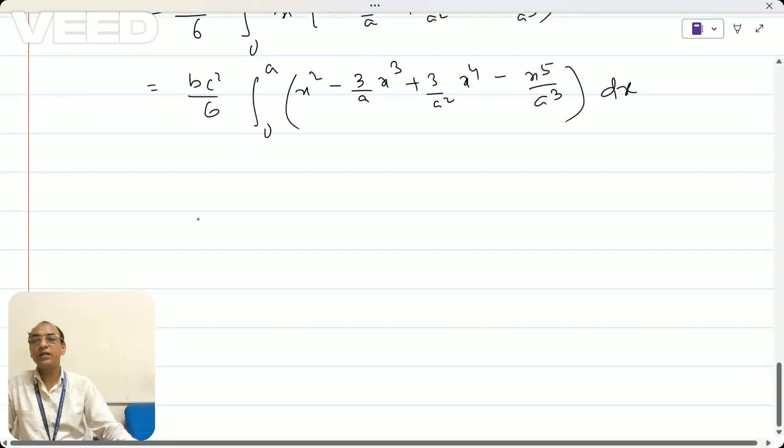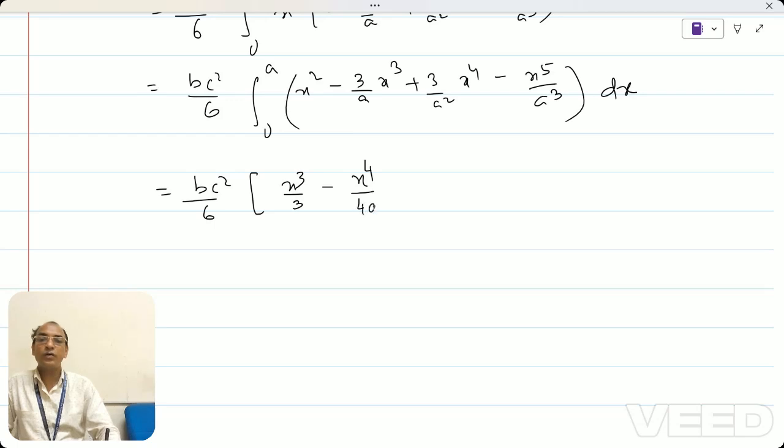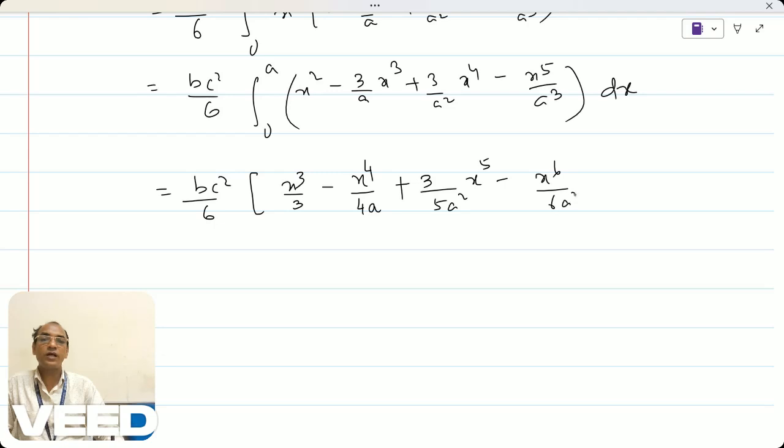If we integrate it with respect to x, we will get bc square by 6, and the integration of x square is x cube by 3, then minus x to the power 4 by 4a, plus 3 by 5a square into x to the power 5, and minus x to the power 6 divided by 6a cube, and the limits are 0 to a.